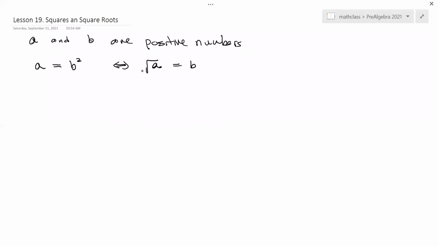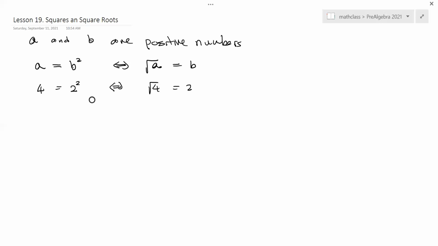This is kind of like the concept of an inverse function. So 4 equals 2 squared is equivalent to saying square root of 4 equals 2, or 2 equals square root of 4. If you move the square to the left-hand side, you change it to the square root.